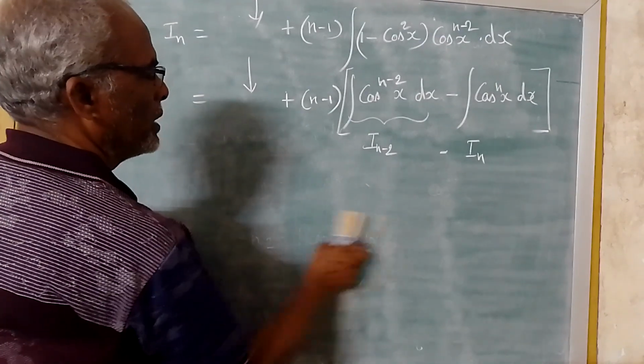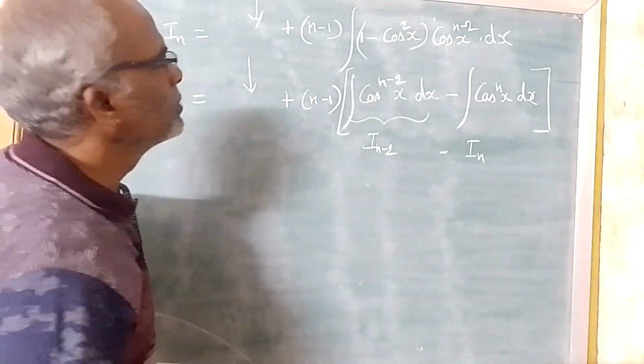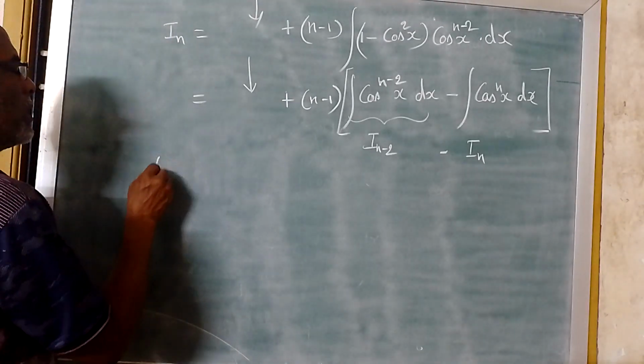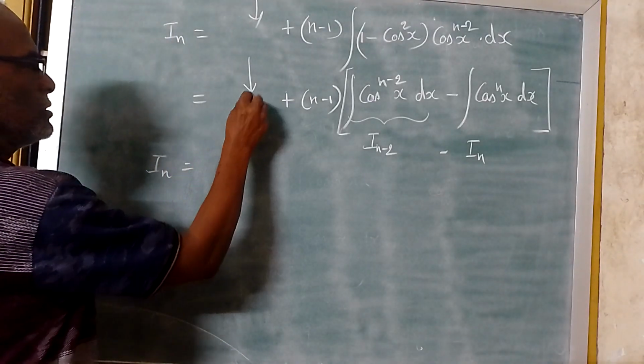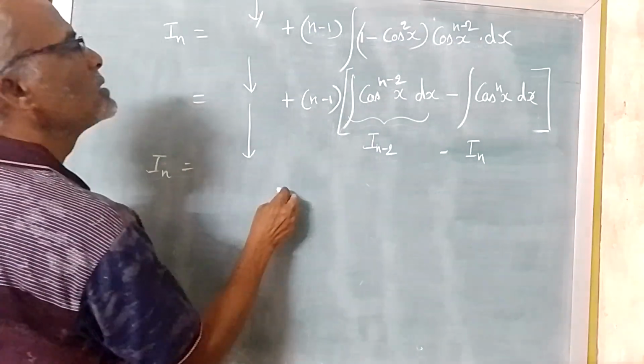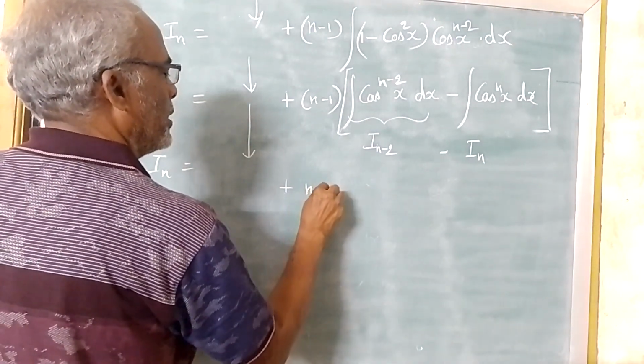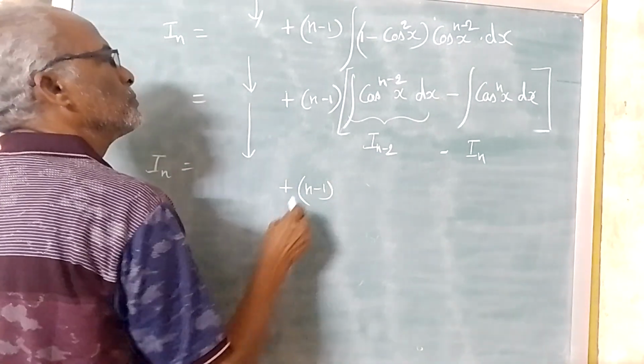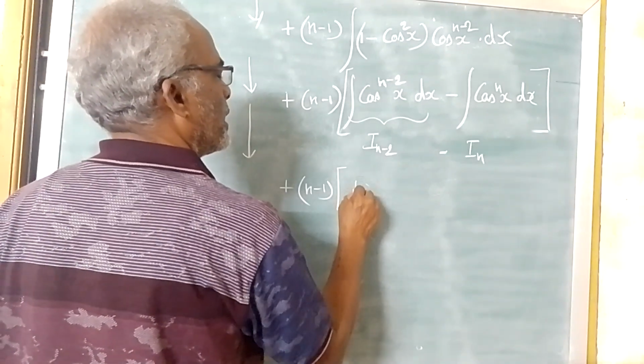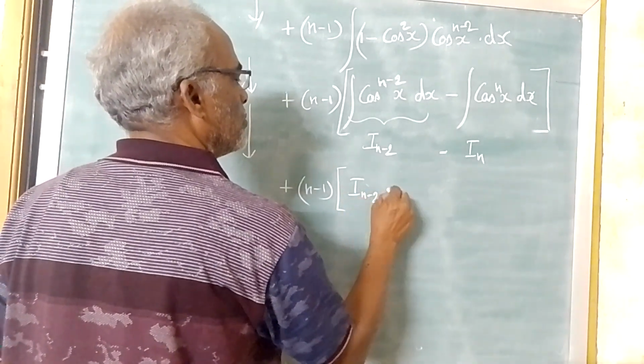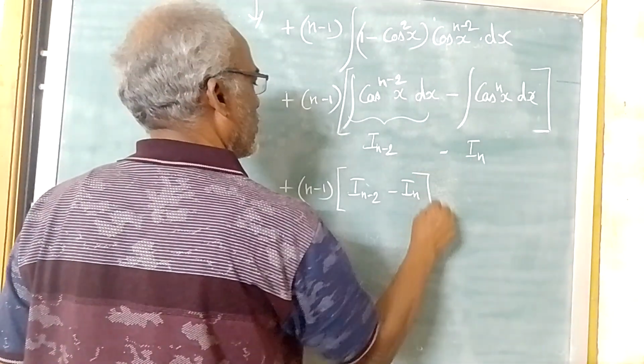So the next step will be I_n is equal to, this term will come as it is, plus (n-1). Inside the bracket we have I_(n-2) minus I_n. Okay.